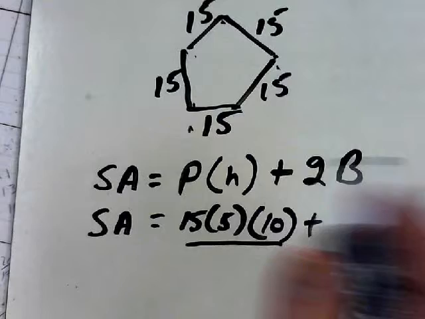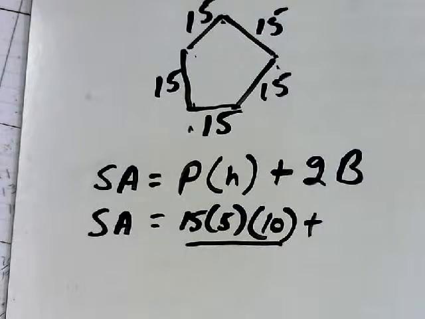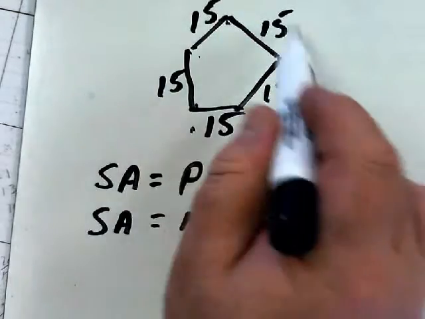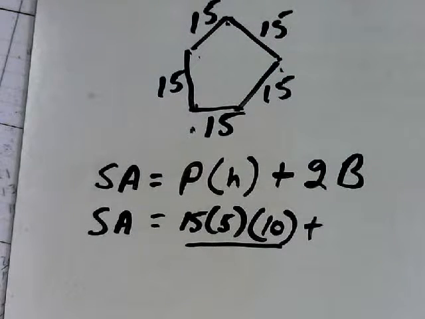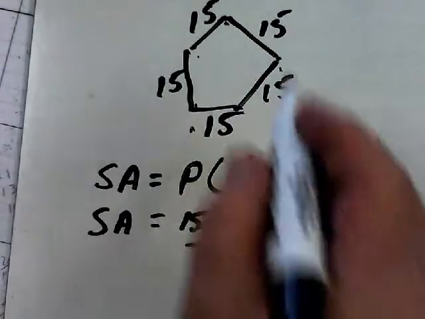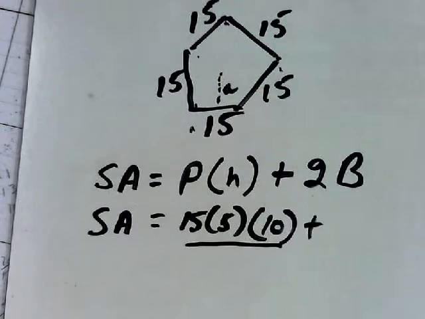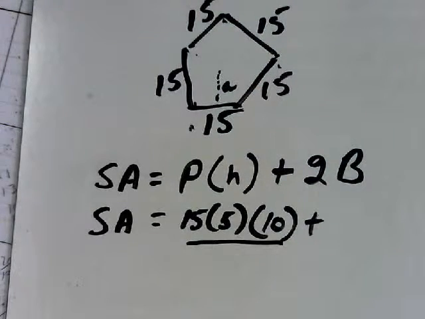How can I find the area of the base? Well, you just got done doing exercises in finding the area of this base over the last few days. First of all, to find the area of the base, don't I have to know the apothem? Right. And what else?